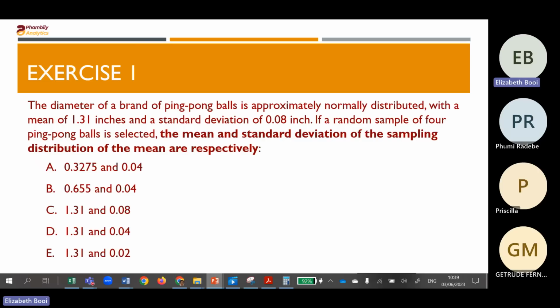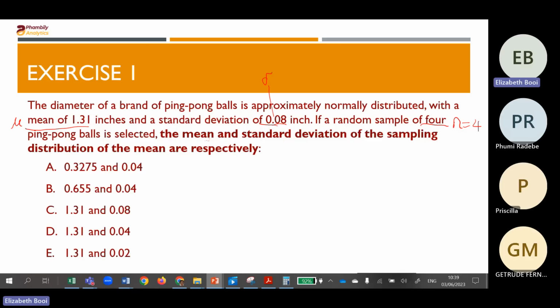So first we find out what we are given. We are told the mean is that. We are told the standard deviation is that. We are told our sample size. I'm going to write it in numbers. It's 4.